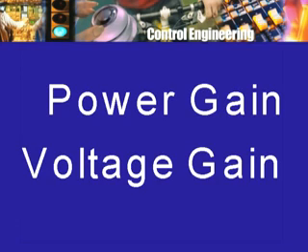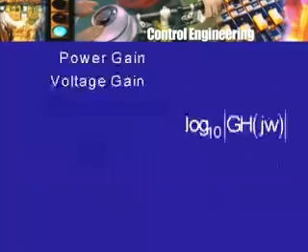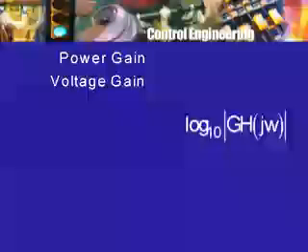This 20 has something to do with power as against voltage. So instead of modulus of G H j omega, which is the ratio of amplitudes and which therefore is the gain properly speaking through the loop transfer function, that is the output quantity amplitude divided by the input quantity amplitude, instead of that we take the logarithm of that to the base 10.